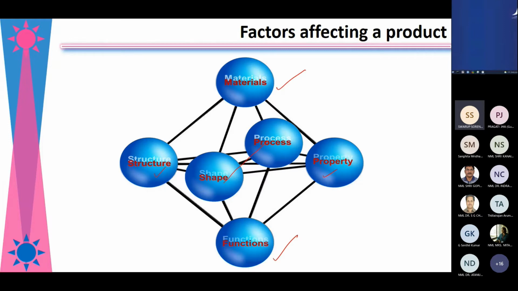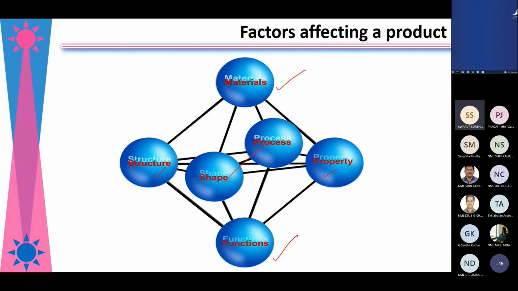So from materials to the functional requirements, we need to be very careful about the shape. Definitely shape has to be determined as a geometric constraint for the material for an application. Then process, shape, structure, property. These have to be taken care of for the function.